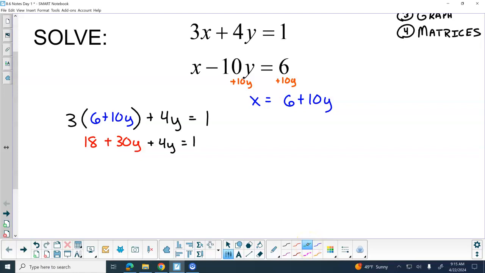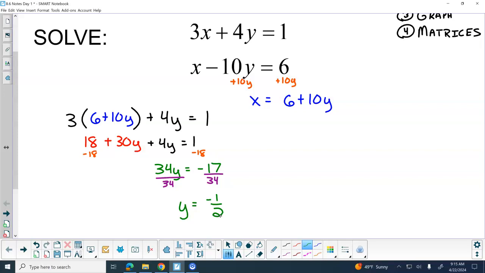Subtract 18 from both sides. Divide both sides by 34. y is negative 1/2. Okay. Then what?